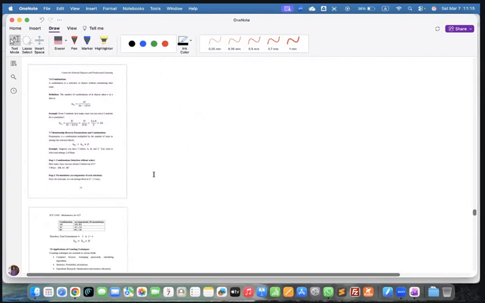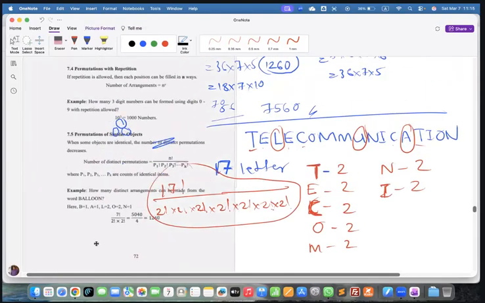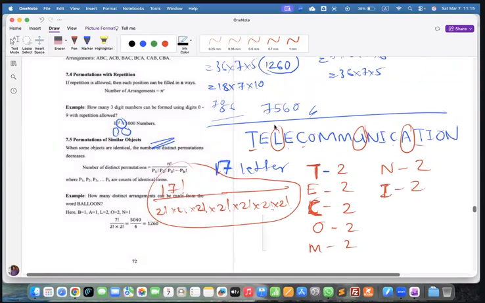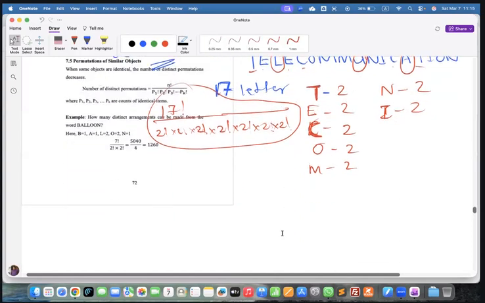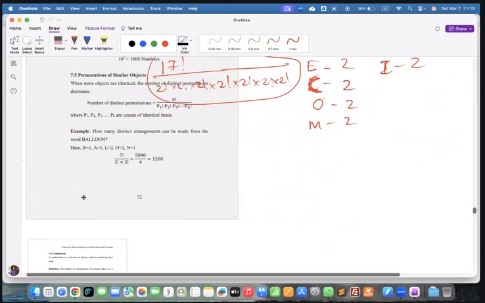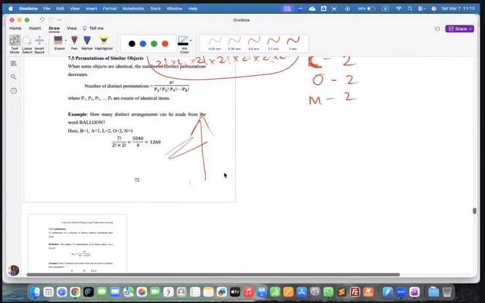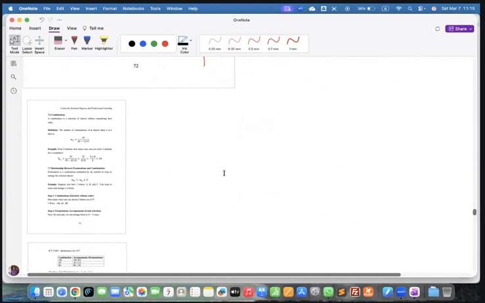Now we will move to the next type, that is combination.